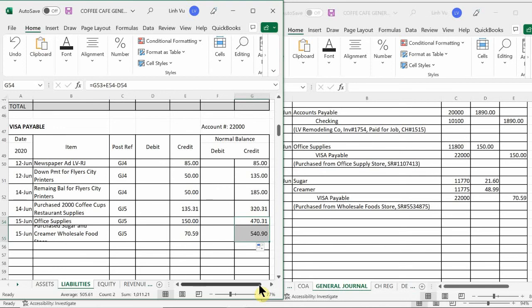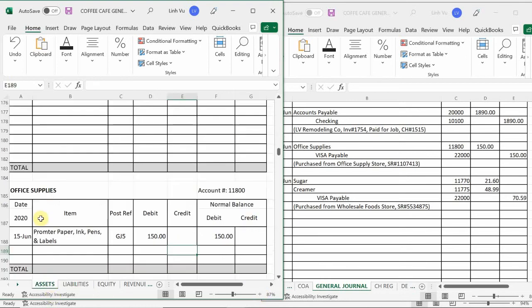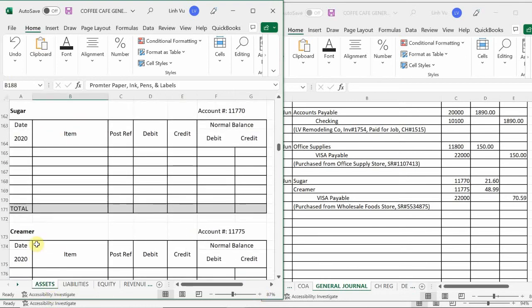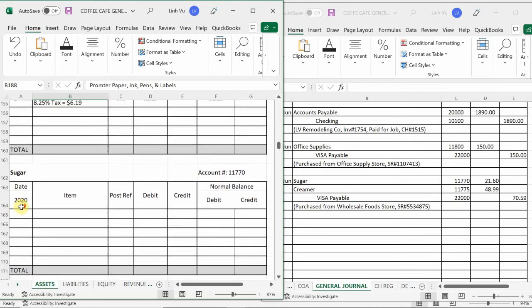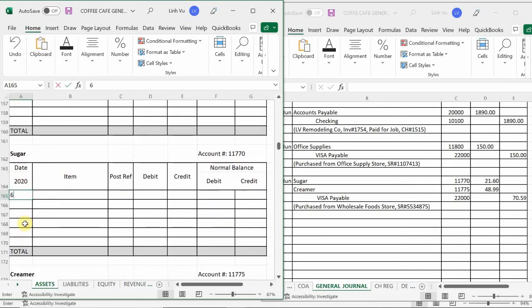We need to update the other two accounts for my sugar and creamer, because I acquired assets. I purchased sugar and creamer, so therefore I need to fill in my sugar and creamer accounts. Today's the 15th. We purchased how many pounds of sugar? 60.